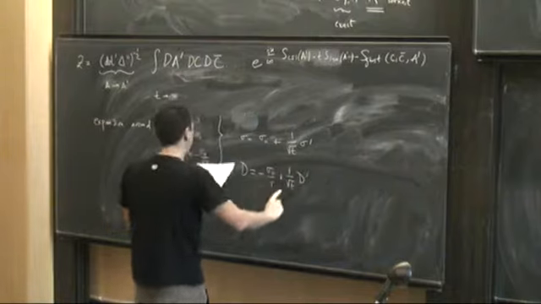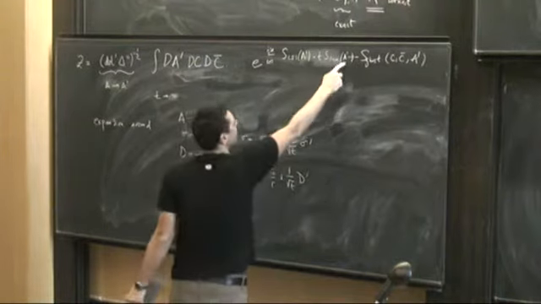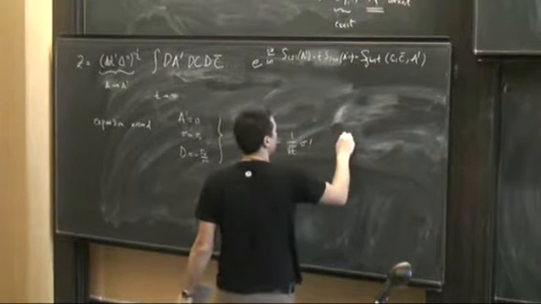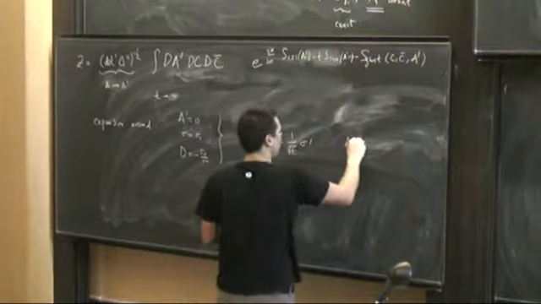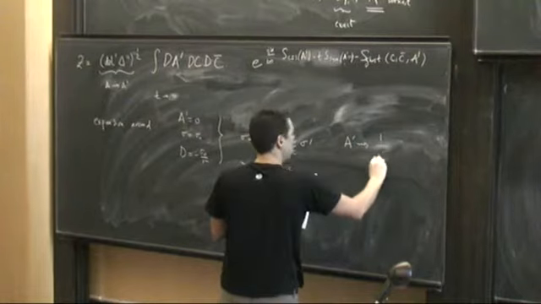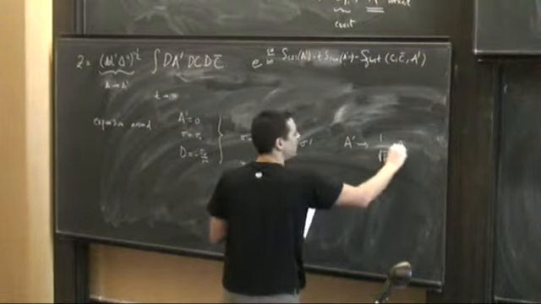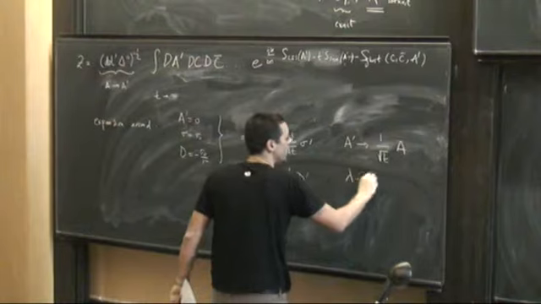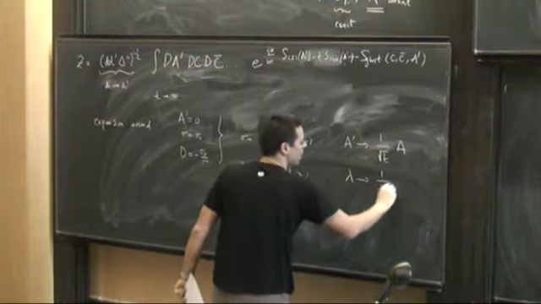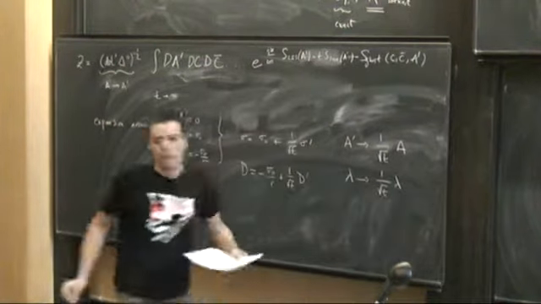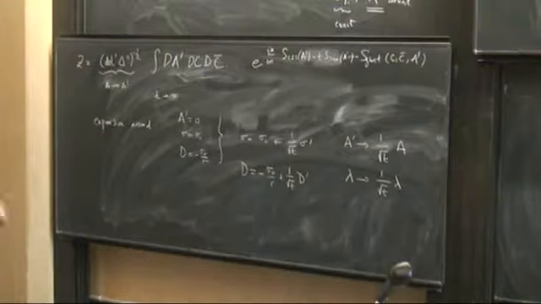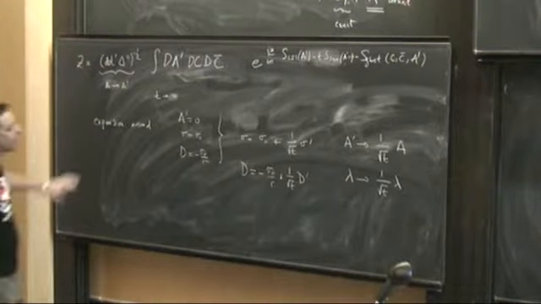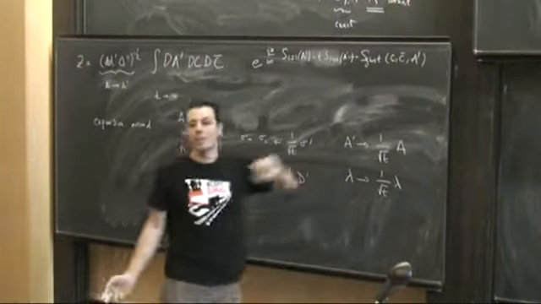And for the other fields, for example, the fields appearing here, also have non-canonical kinetic terms. I'm going to change this and redefine my fields in this way. So you could say, well, you introduced this t because you wanted to go to t going to infinity, and now you are getting rid of it by rescaling the fields.